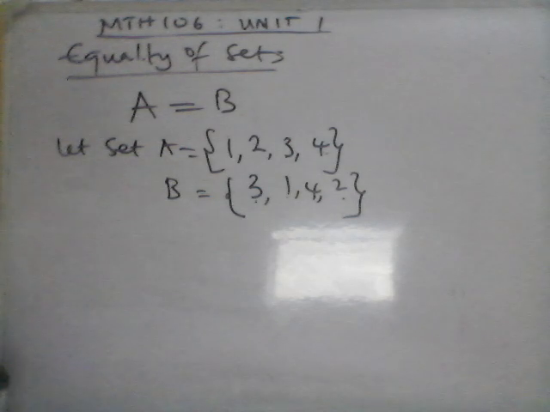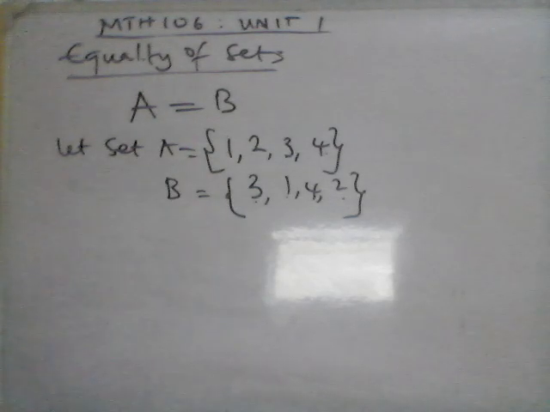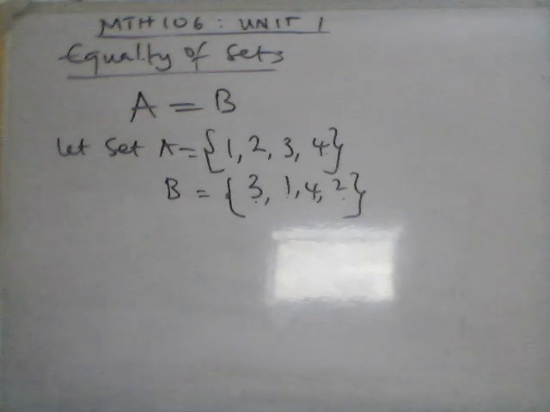Set A and set B are equal because they both have the same members. That is, every element which belongs to A also belongs to B. Like I said, it does not matter how the sets are arranged.